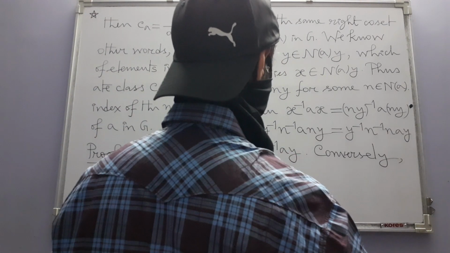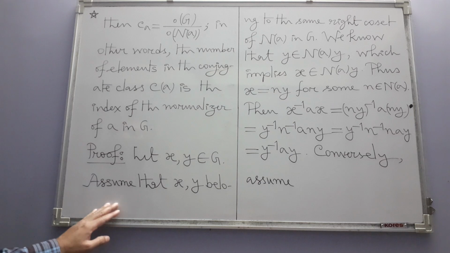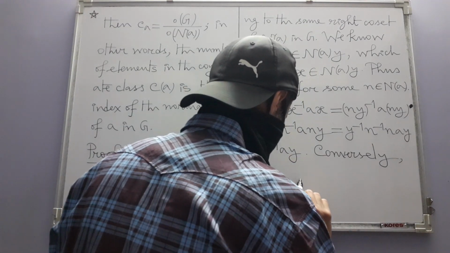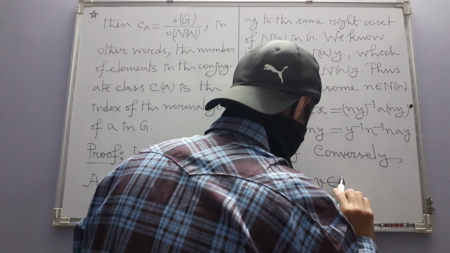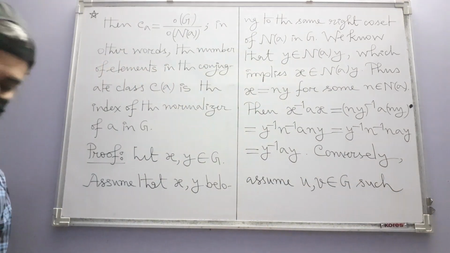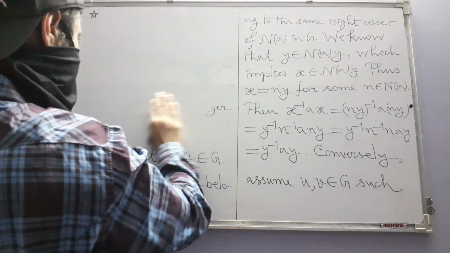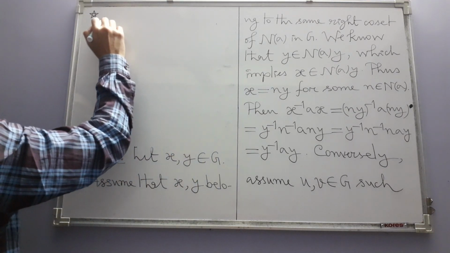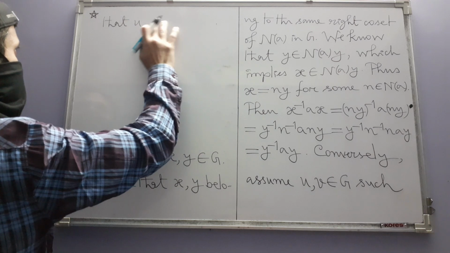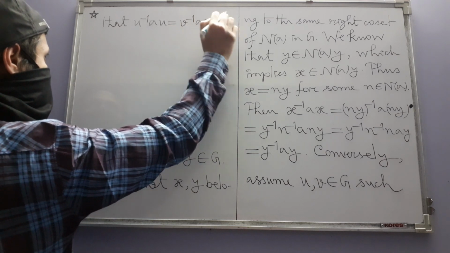Conversely, assume that u and v belong to G such that u inverse A u is equal to v inverse A v.